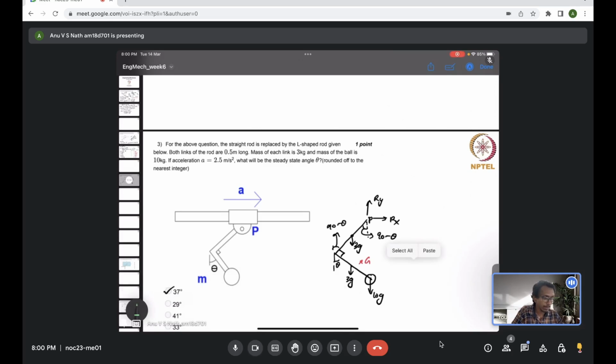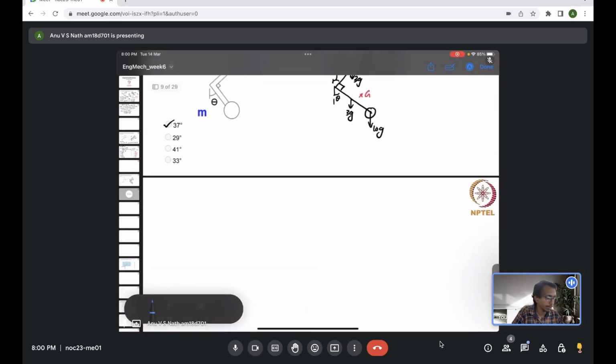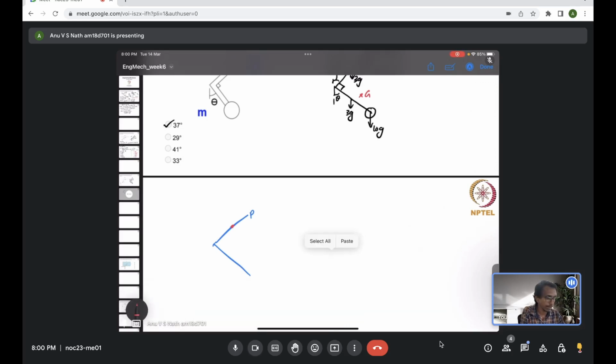So you can start the coordinate system somewhere. This is a different coordinate system, just for evaluating the center of mass. So let's say this is the body. This is a point P. You have one center of mass here, another center of mass here, and another center of mass here. Each is of weight 3 kilogram, 3 kilogram, and 10 kilogram respectively.